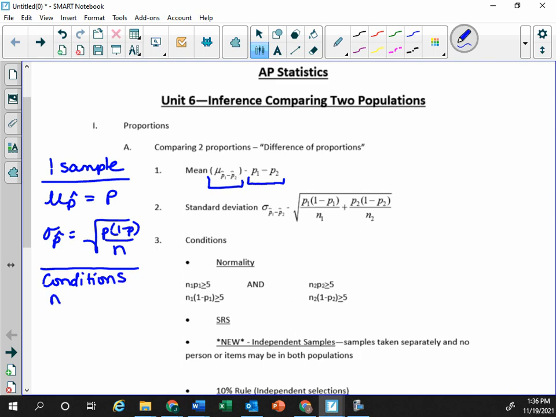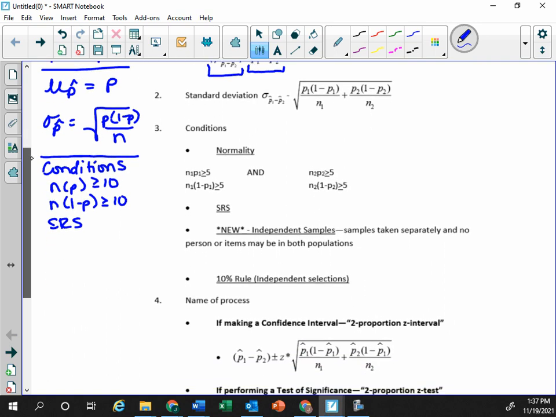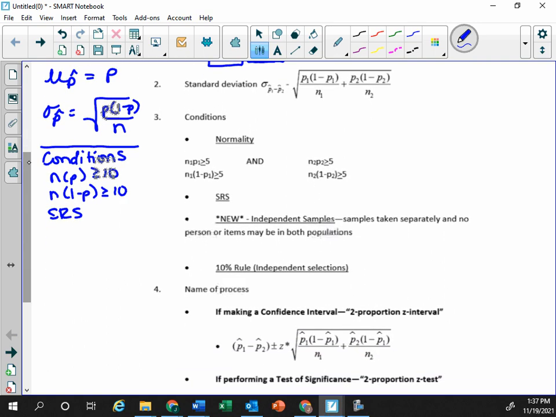You had n times p had to be greater than or equal to 10. N times 1 minus p had to be greater than or equal to 10, and we wanted to see a simple random sample. The difference here, when you have 2 proportions, you have to check for both of your populations.